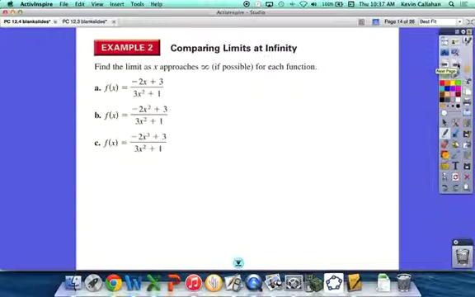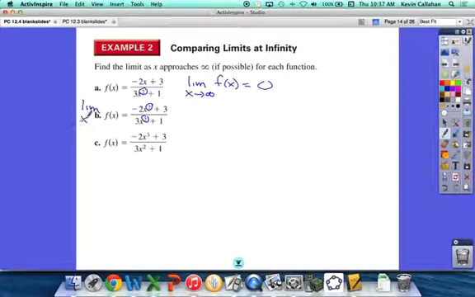Now we can go back to these, all three in that example. We already just did the first one. And again, you would have looked at that and said, the highest power is the denominator, so the limit as x approaches infinity of f of x equals 0. This one, they have the same highest power. So what is the limit?